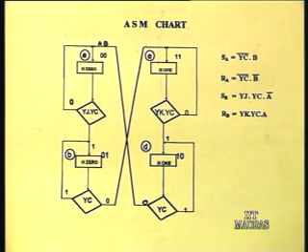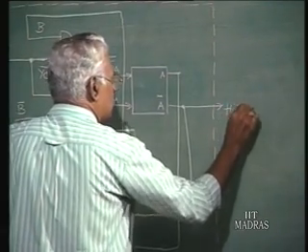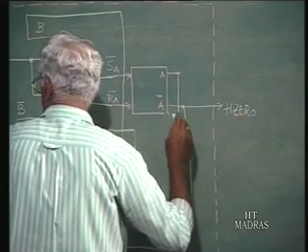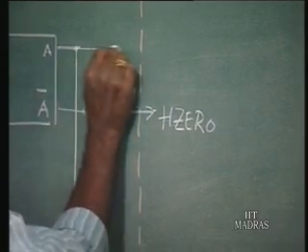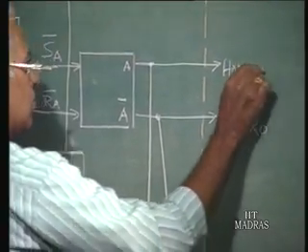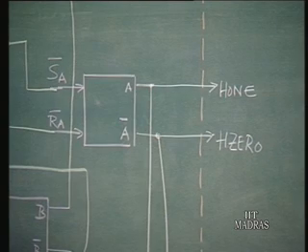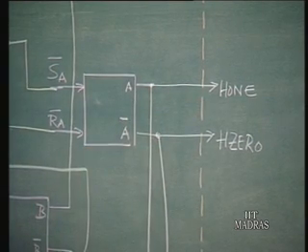H0 is A bar, that is the output H0, and H1 is A. Agreed?